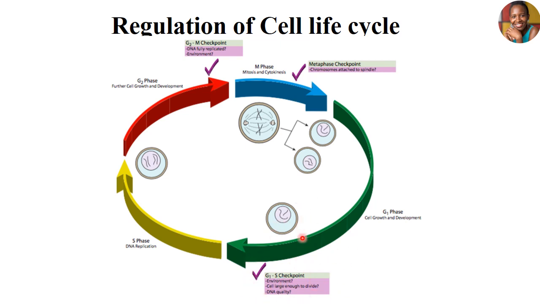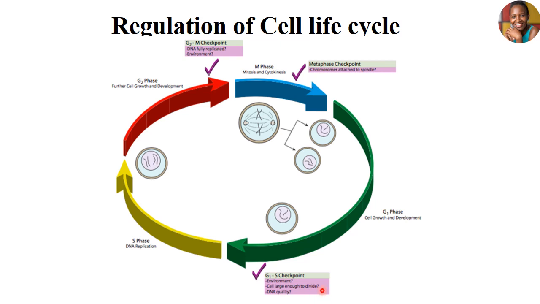At this checkpoint, we want to check the status of the cell before it goes further to the next stages. So at the G1/S phase, we have a checkpoint that looks at the environment. Is the environment proper enough for the cell to go through cell division, or are there some characteristics that are not friendly or may hinder the growth and division of the cell? Then the other bit is looking at the size and shape and requirements of this cell. For example, is the cell large enough to divide?